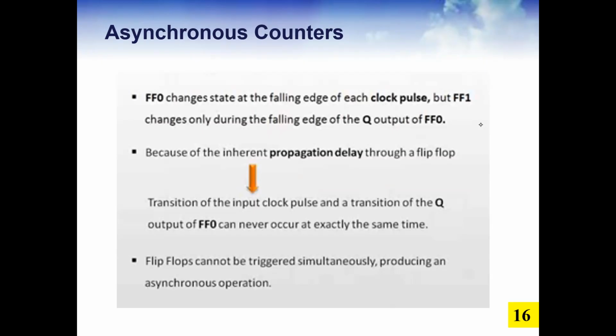If we have more flip-flops, the delay will be more because of the propagation. These types of counters are prone to this propagation delay problem, because not all flip-flops update their status simultaneously. You can read some points here: flip-flops cannot be triggered simultaneously, producing an asynchronous operation. That's why we call these asynchronous counters.